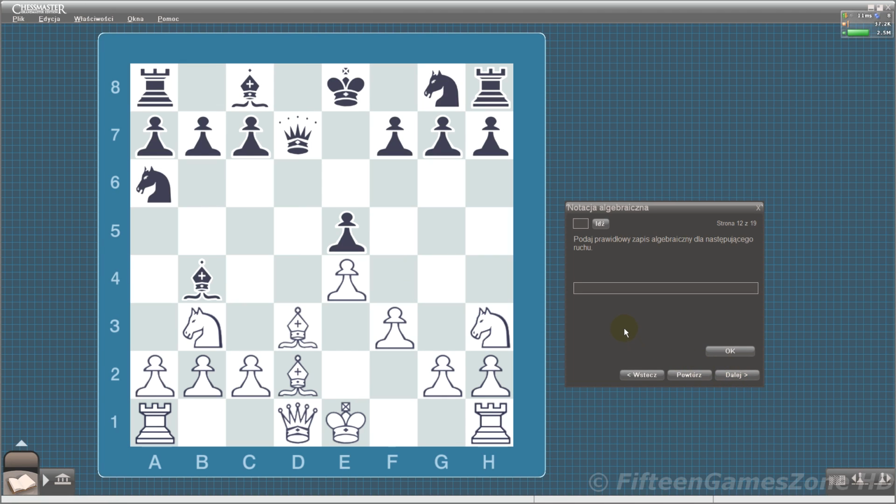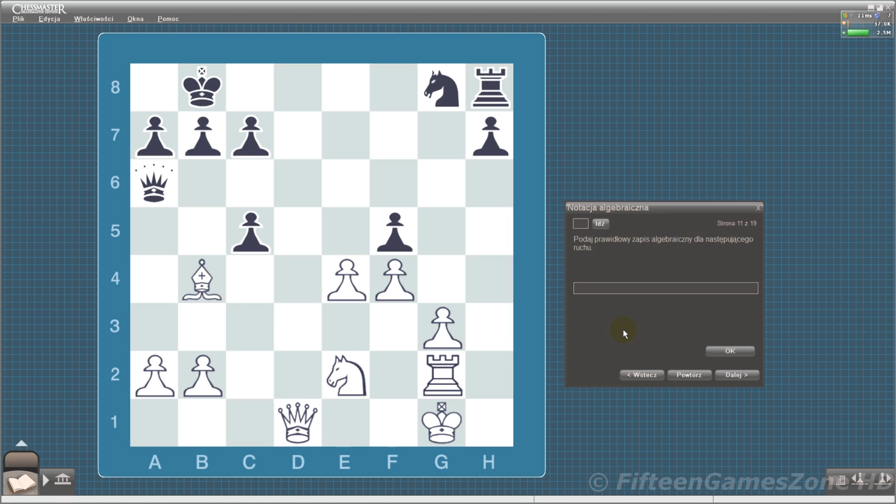Type in the correct algebraic notation for this move. Type in the correct algebraic notation for the following move.